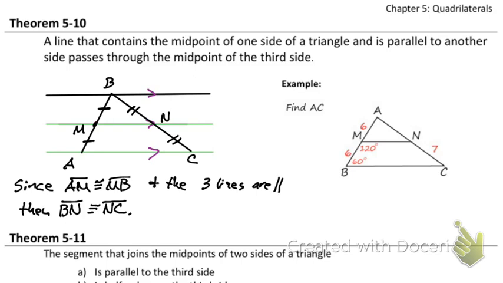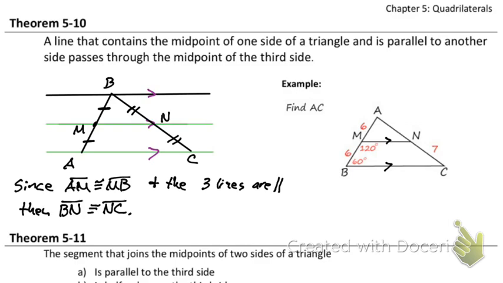It's saying if MN is parallel to BC, we need two parallel lines. If MN is parallel to BC and MN goes through one midpoint, it is forced to go through both midpoints.